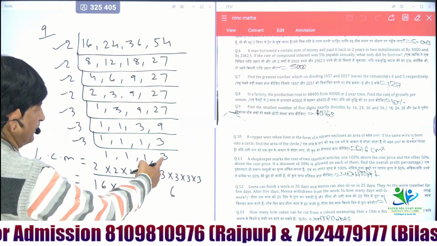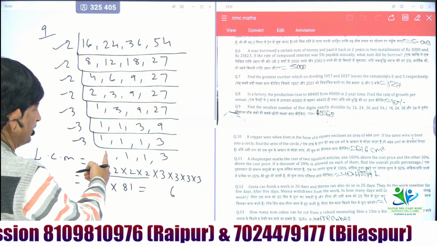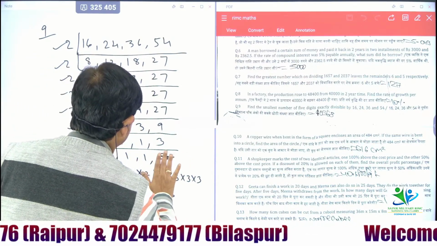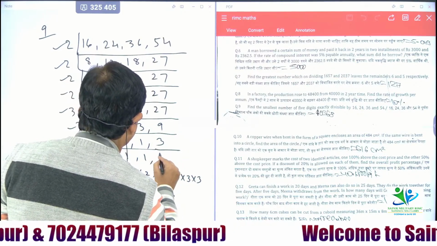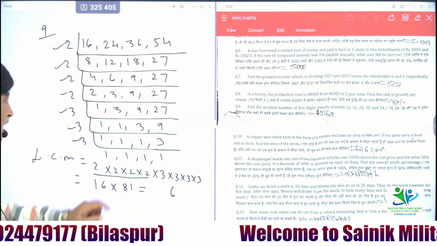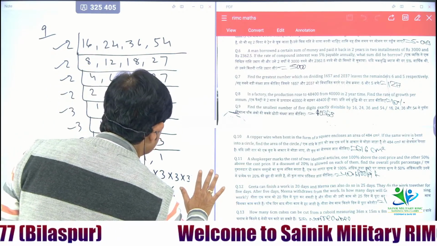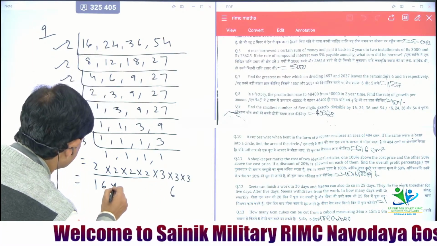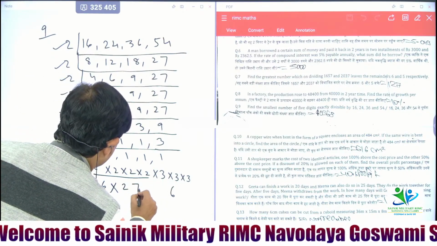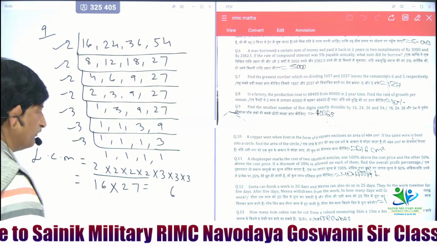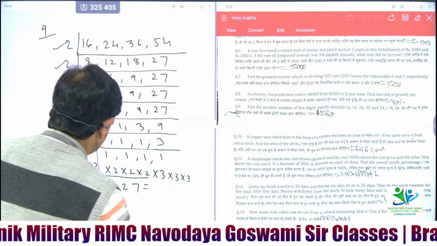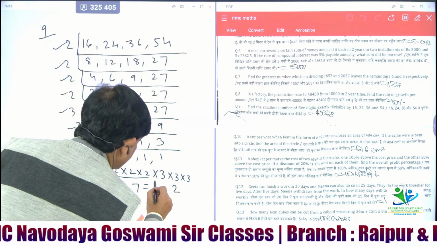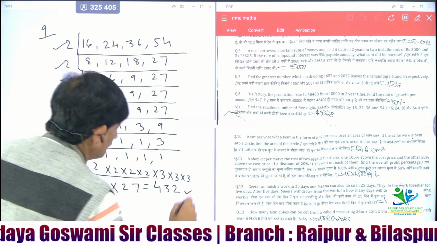No, see here, if we take 3, you have 1, 1, 1 and again 1. That means 2 four times and 3 three times. So this one is not 81, here it is 16 into 27. If we multiply 16 and 27, 16 times 7 is 112, that is 11 carry and 2, and 16 times 2 is 32 and 11, that is 43. LCM is 432.